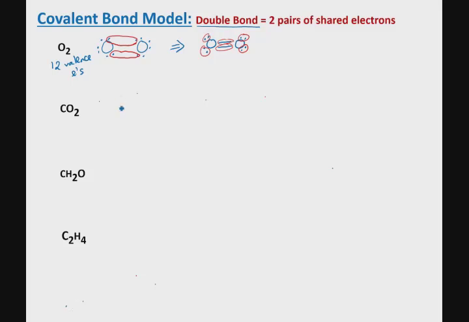If you're done, you probably got carbon dioxide to look something like this, where there are 2 double bonds between carbon in the middle and 2 oxygens on either side and the corresponding lone pairs. This is formaldehyde, CH2O, and its structure can be drawn like that.